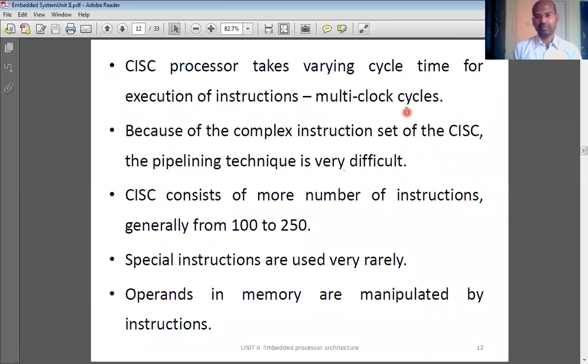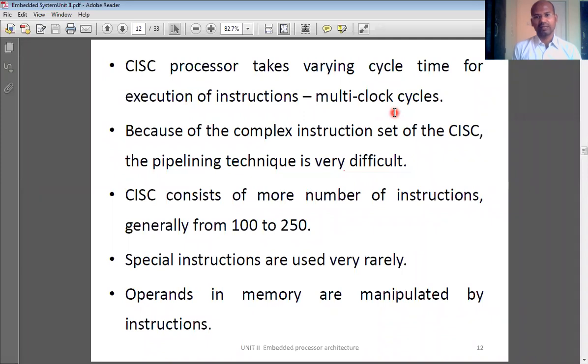Just now we have seen, if there are instructions, let's say CISC has 200 instructions. Out of 200, 20 instructions take 1 clock cycle, 50 instructions take 2 clock cycles, another 60 instructions take 3 clock cycles, another 50 instructions take 4 clock cycles.